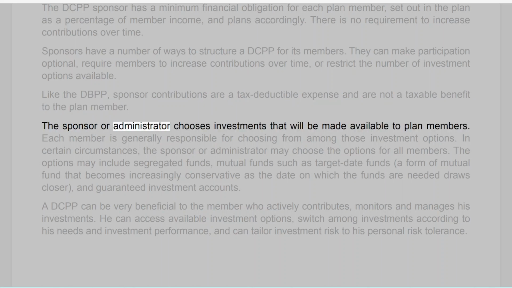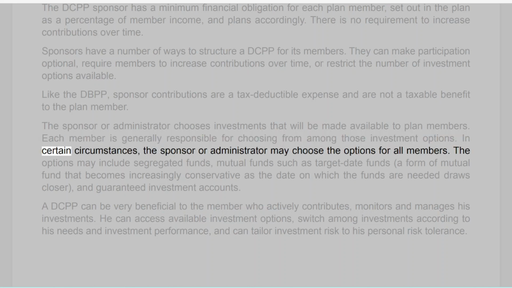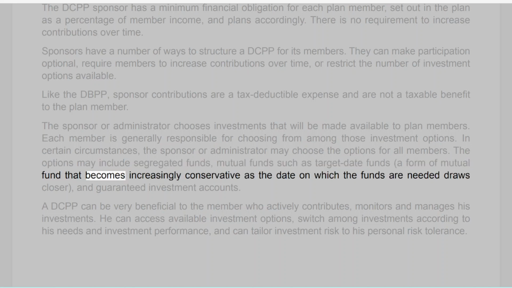The sponsor or administrator chooses investments that will be made available to plan members. Each member is generally responsible for choosing from among those investment options. In certain circumstances, the sponsor or administrator may choose the options for all members. The options may include segregated funds, mutual funds such as target date funds, a form of mutual fund that becomes increasingly conservative as the date on which the funds are needed draws closer, and guaranteed investment accounts.